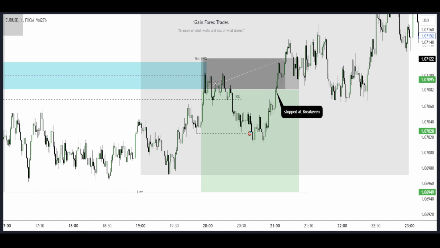We did not have any confirmation at the 1 minute. I just placed my limit order at this 5 minutes fair value gap, hitting this first sell side liquidity. Actually, this was my final TP, but unfortunately, we have been stopped at break even.